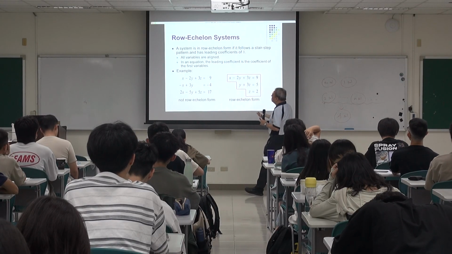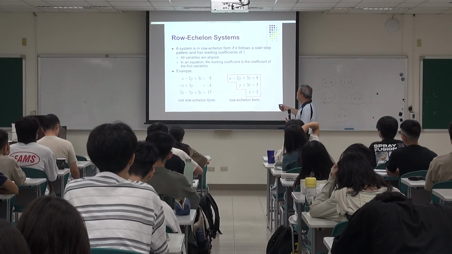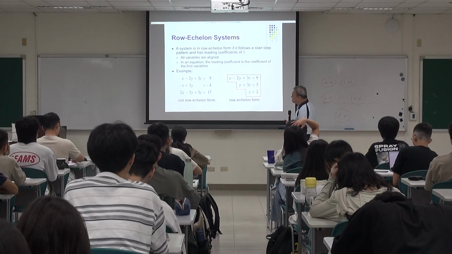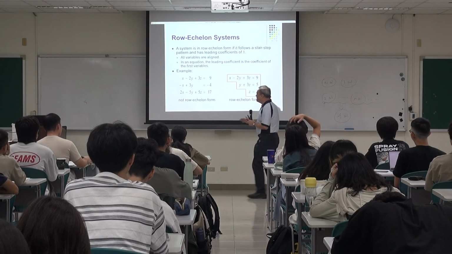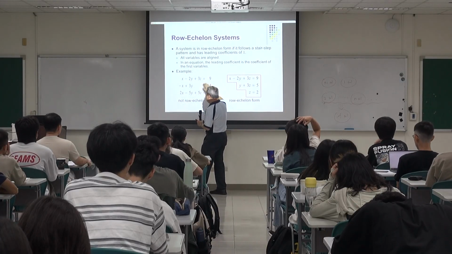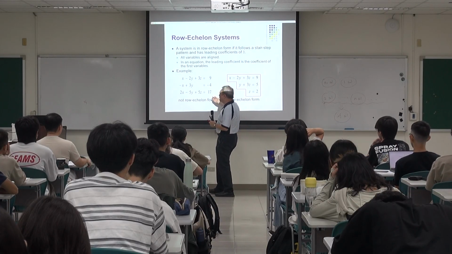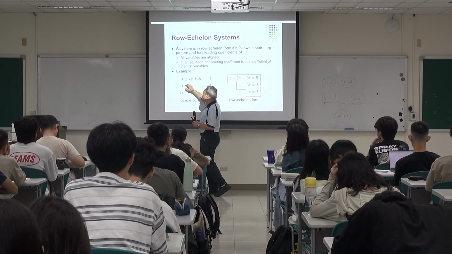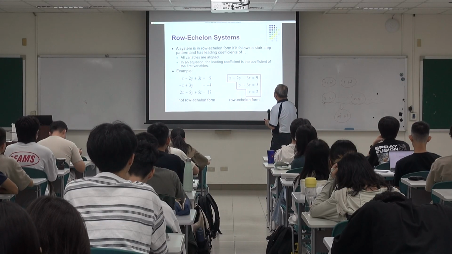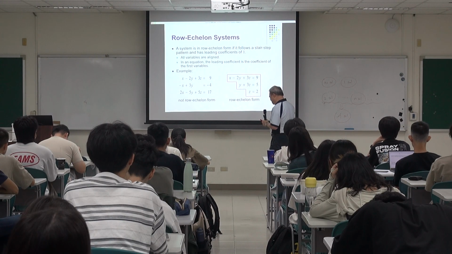In an equation, the leading coefficient is the coefficient of the first variable. We already talked about the coefficient. The left-hand side is not row echelon form, obviously it's not a stair-step pattern.